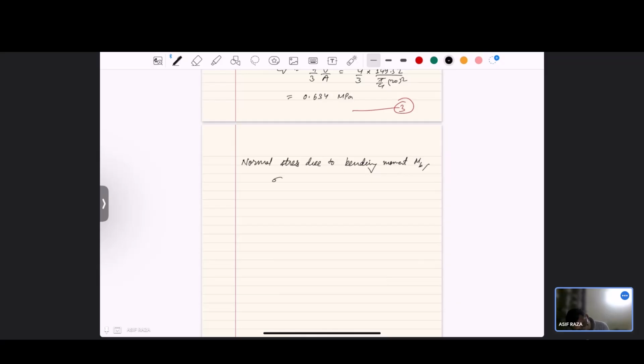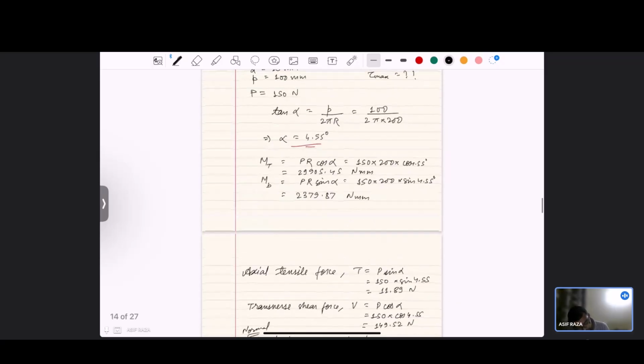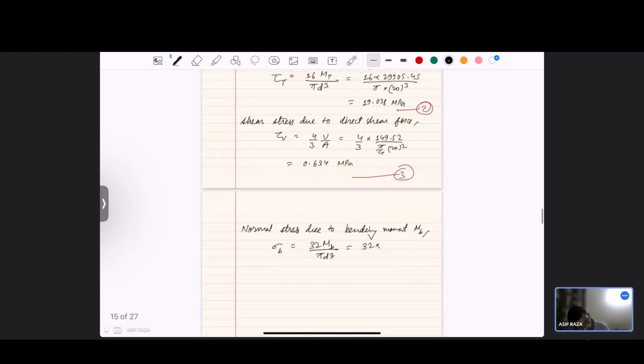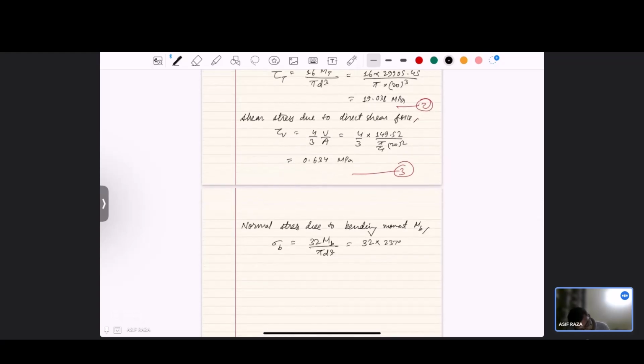That is sigma B, and that would be equal to 32 MB by pi d cube. 32 into MB, which is 2379.87, by pi d cube.